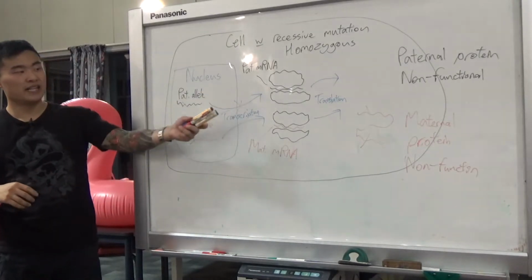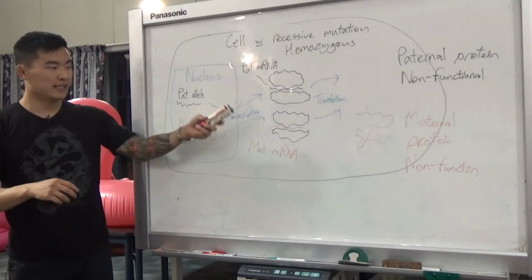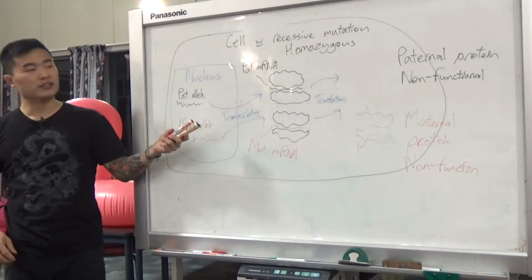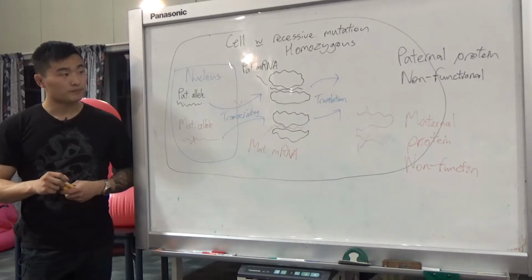Then this person will now have the disease phenotype, or if this was the gene for PKU, then this person would have PKU. All right.